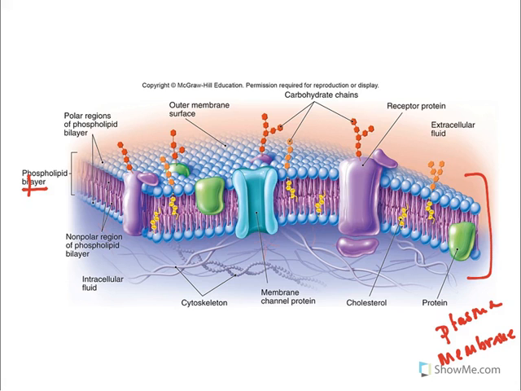So you can see here we've got 1 layer, and then here we've got the other layer. You can see that they're kind of touching each other. And then we've got the cholesterols, as you can see here, that are in between, okay? And we're going to learn about these. These are important, right? This is what's going to help let things go in or out of the cell.